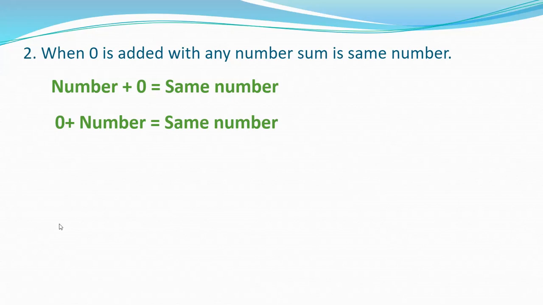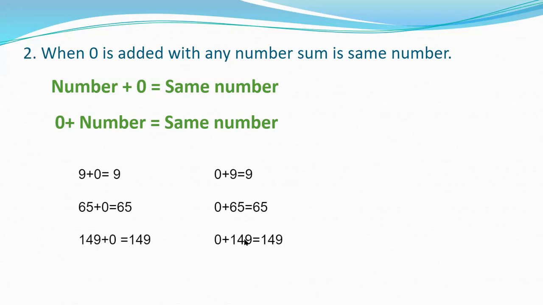Now I will show you some examples of it. Look here, 9 plus 0 equals 9. 0 plus 9 equals 9. See, whether 0 is at the first place or at the second place, the answer is the same number. Next example is 65 plus 0 equals 65. 0 plus 65 equals 65.